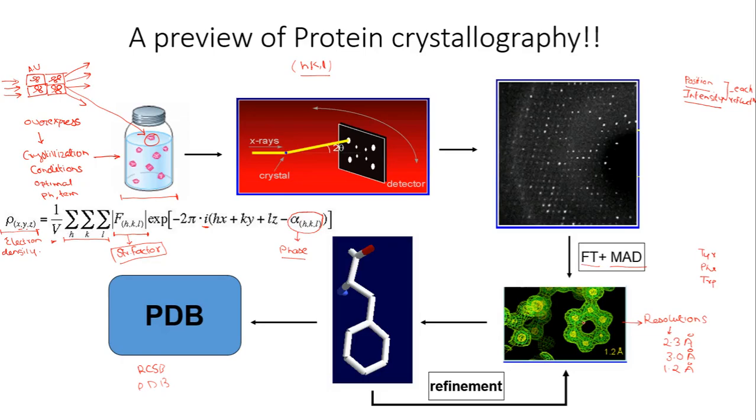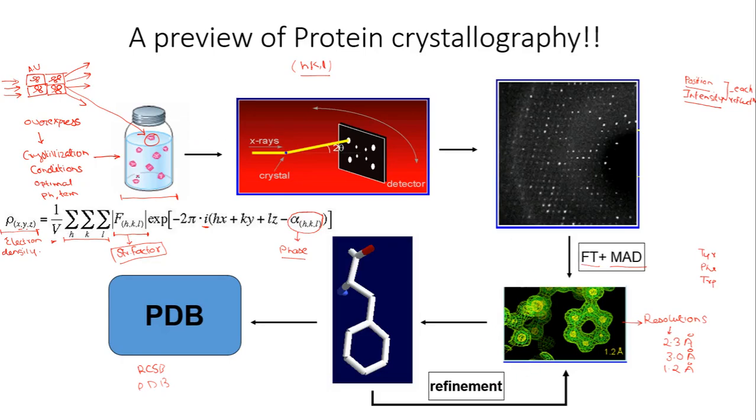So when you download a structure from PDB, you are supposed to say that you have downloaded the model of a particular protein, and these models are created on the basis of experimental data in the form of electron density maps.